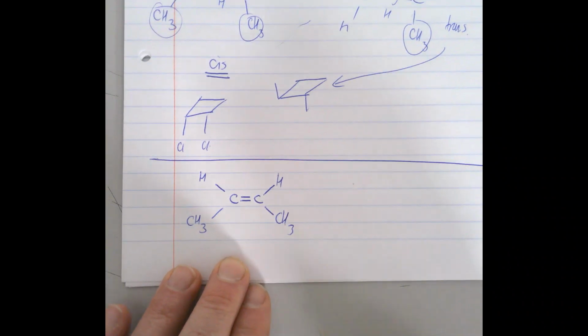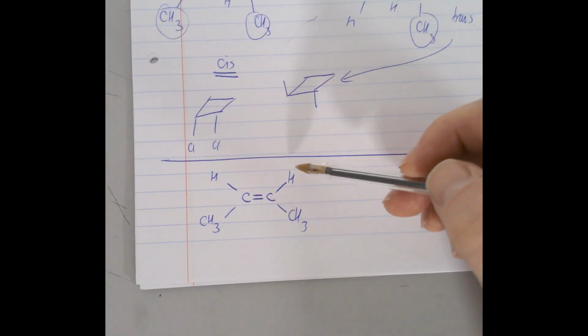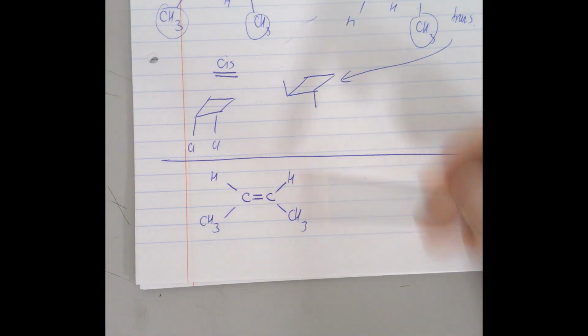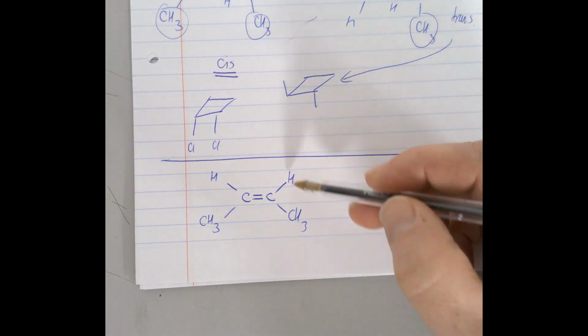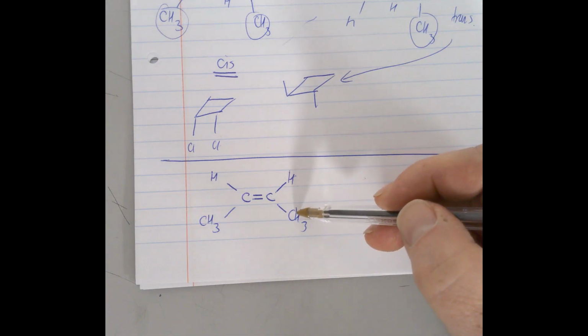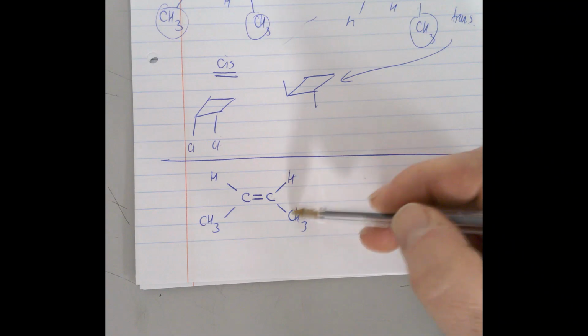You can't get cis-trans isomerism if you've got 2 carbon chains on one side or 2 hydrogens on one side. The cis-trans nomenclature doesn't work if you've got 2 carbon chains on one of the carbons, and they wouldn't be stereoisomers at all, if you had 2 hydrogens there, because if you flip it around you get the same molecule.